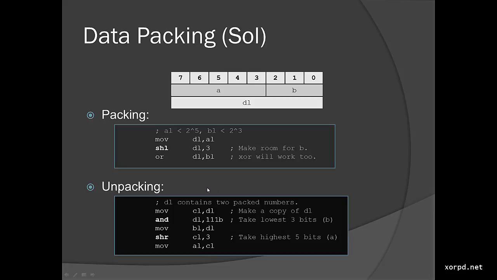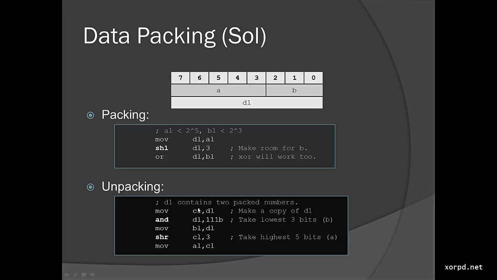Let's look at the unpacking part. We first assume that DL contains this structure. It contains two packed numbers, the number A and number B. It seems like this procedure is a bit longer than the packing. This is kind of mysterious, why the unpacking is a bit longer than the packing code. But we can still follow it and understand everything. We begin with making a copy of DL because we don't want to ruin the contents of DL.